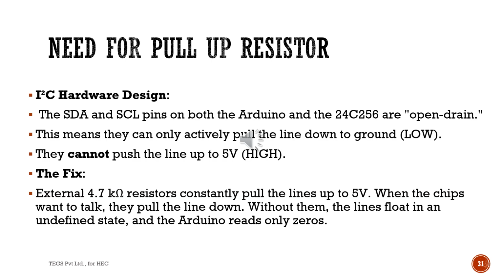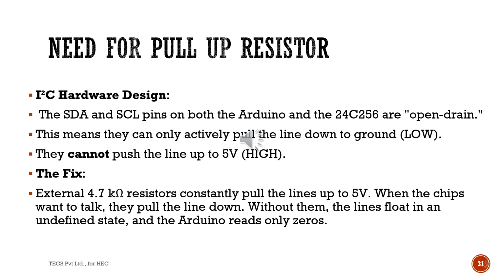Why is the pull-up resistor needed? The I2C hardware design: the SDA and SCL pins on both UNO and 24C02 have an open drain circuit. This means they can only actively pull the line down to ground, low. They cannot push the line up to 5 volt, that is high logic.